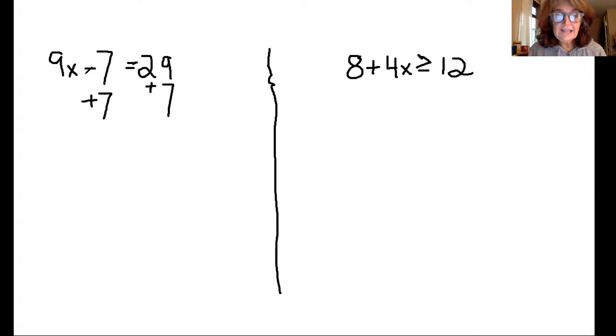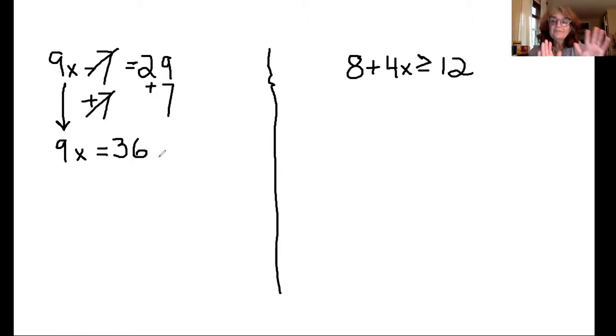So if I take negative 7 plus 7, I'm going to essentially get rid of 7. So I'm going to be left with my 9x, which I'm going to bring down. 9x and 29 plus 7 equals 36. Okay?